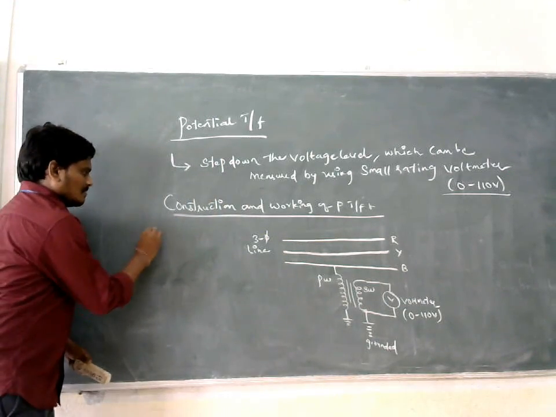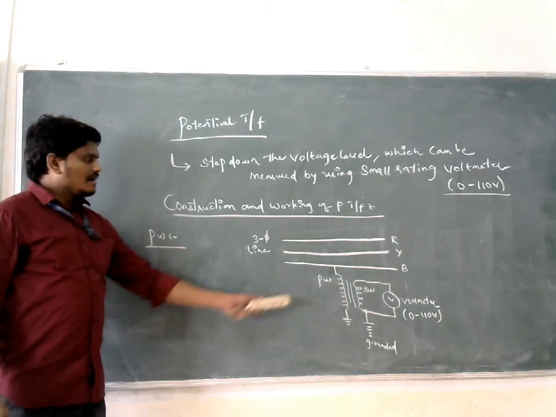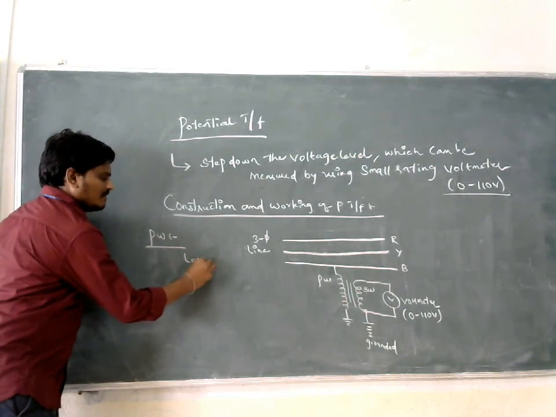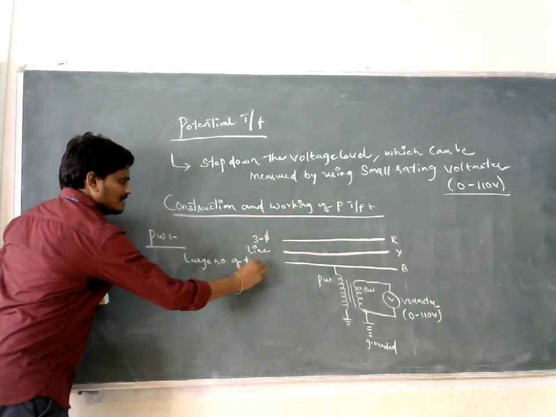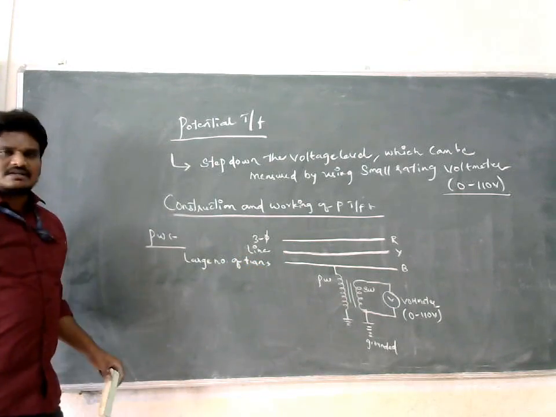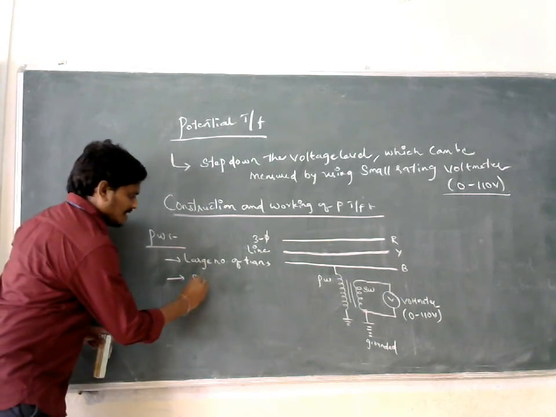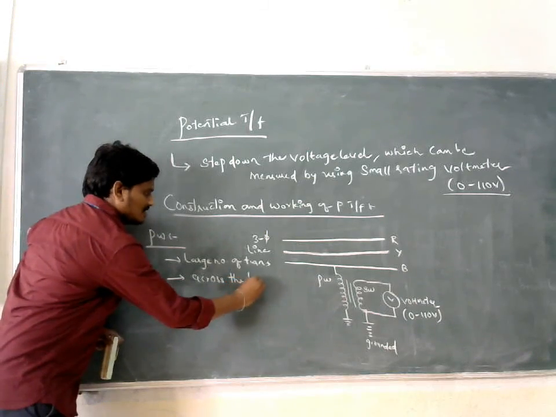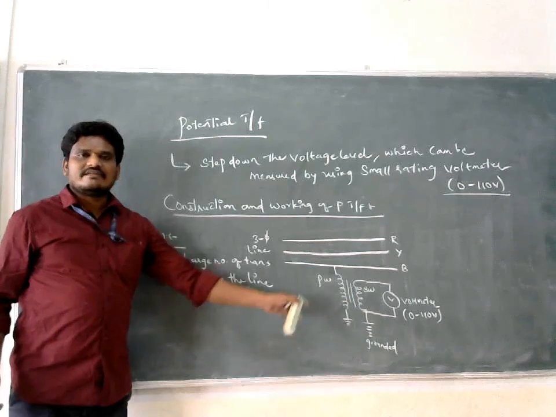First we will discuss the primary winding. The primary winding of a potential transformer has a large number of turns, which is connected across the line. What is the necessity of having a primary winding?